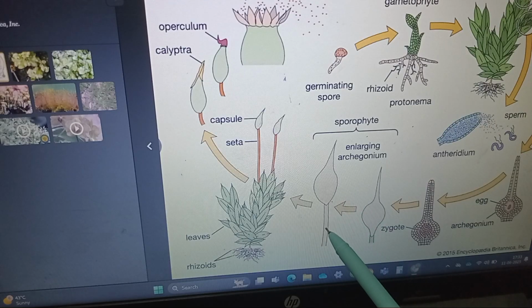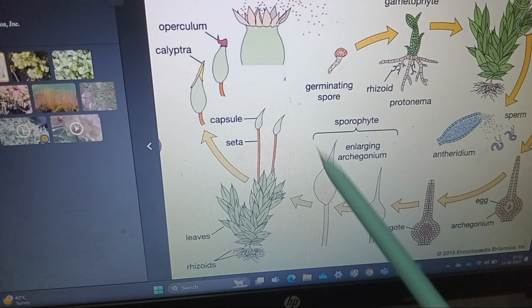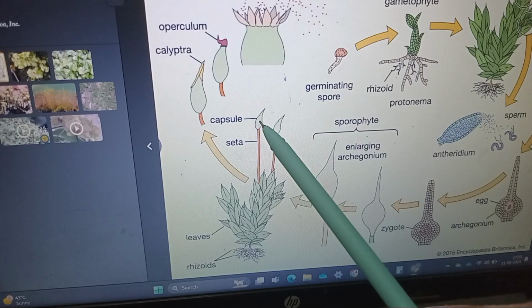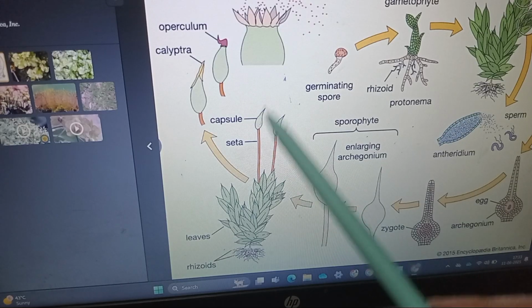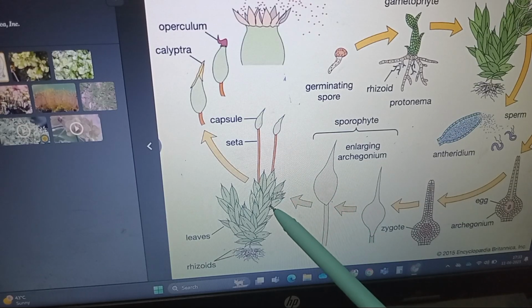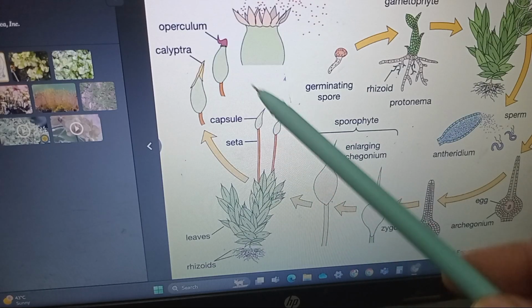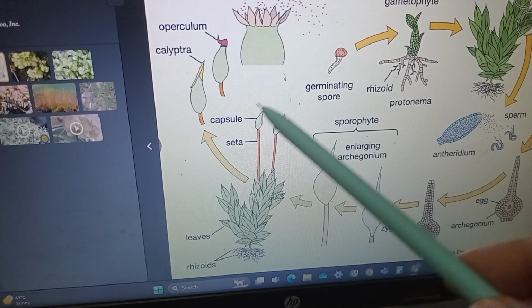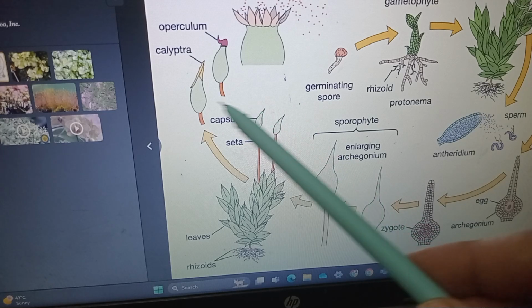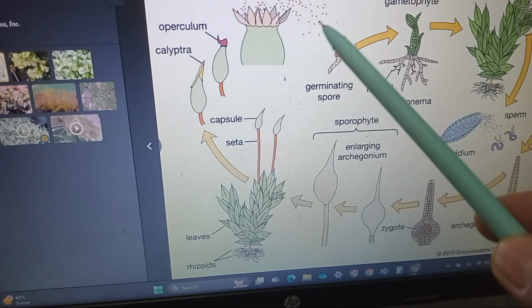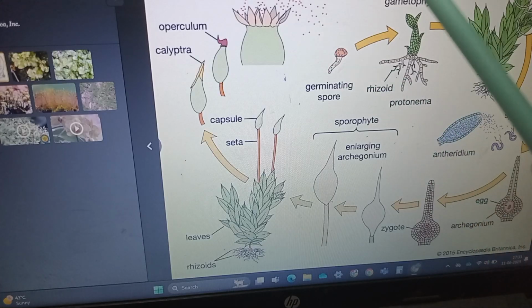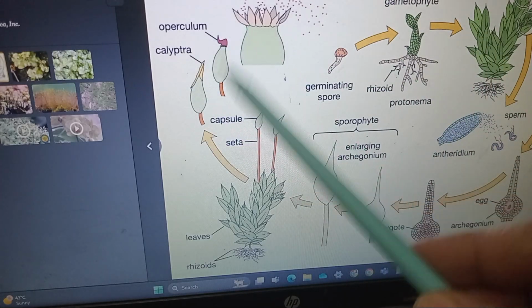The sporophyte will have this seta and capsule. It is dependent on the gametophyte for its nutrition. In the capsule, meiosis will take place, which will produce many spores. The spores will disperse out by a specific mechanism.